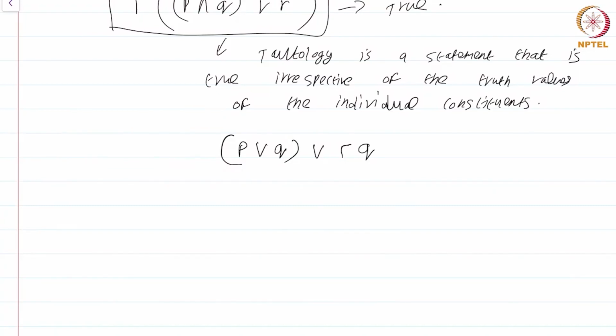You draw a table: P, Q, negation Q, P or Q, and P or Q or negation Q.